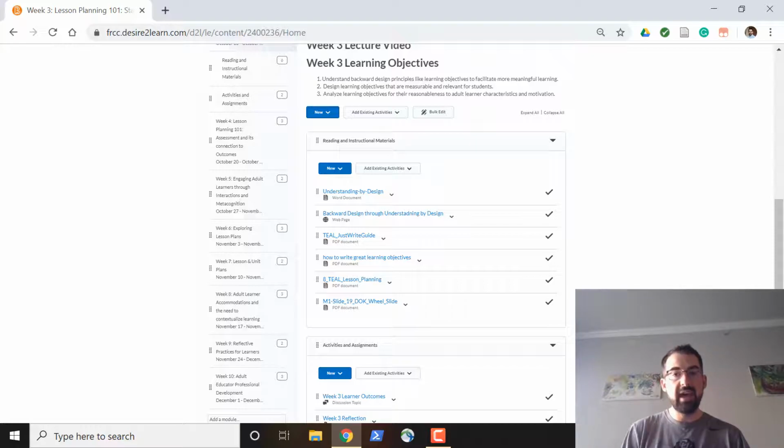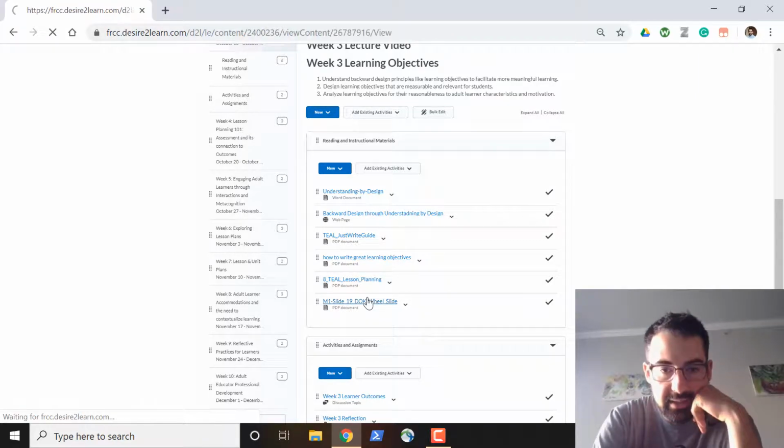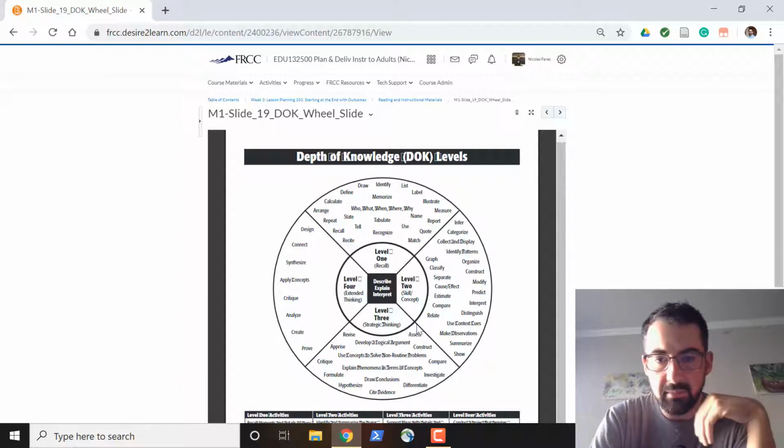That's a higher level. That takes a lot of complex cognitive tasks. So look at that. It's a wheel, but try and disseminate which sections of the wheel are more difficult and less difficult. If we jump in, you'll see level 1, list, label. Level 2, infer, categorize. So it's getting a little bit harder mentally, cognitively.